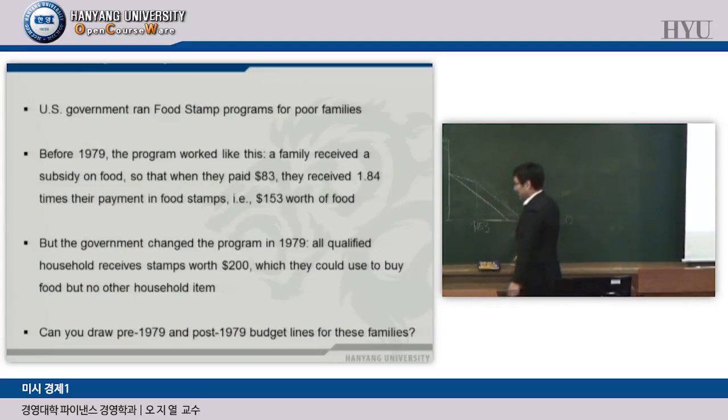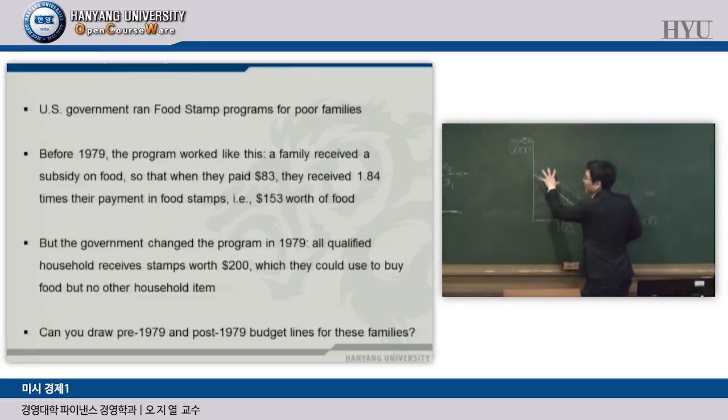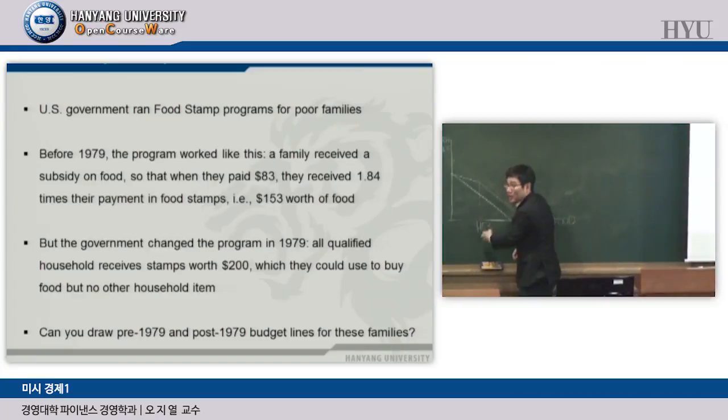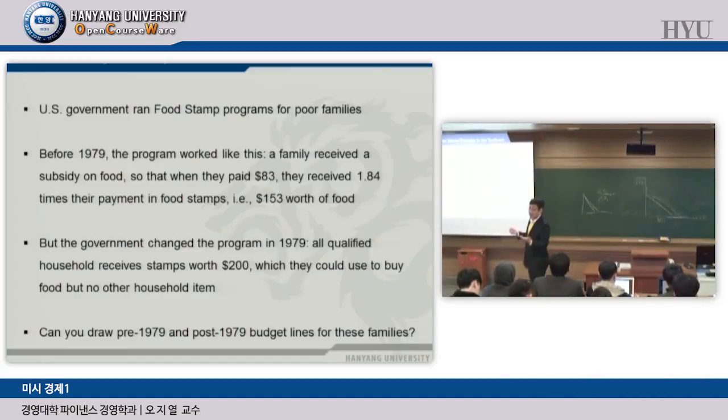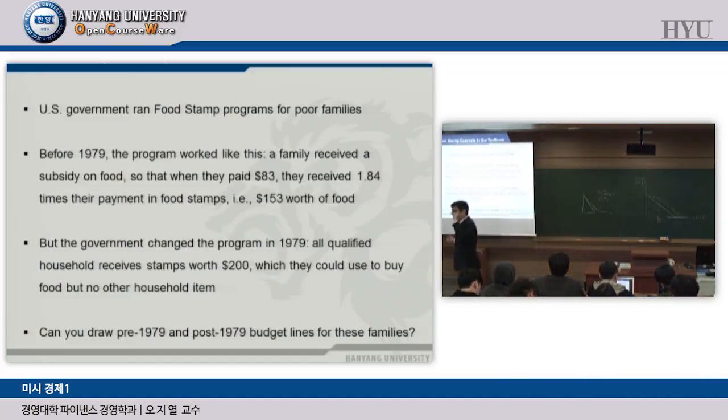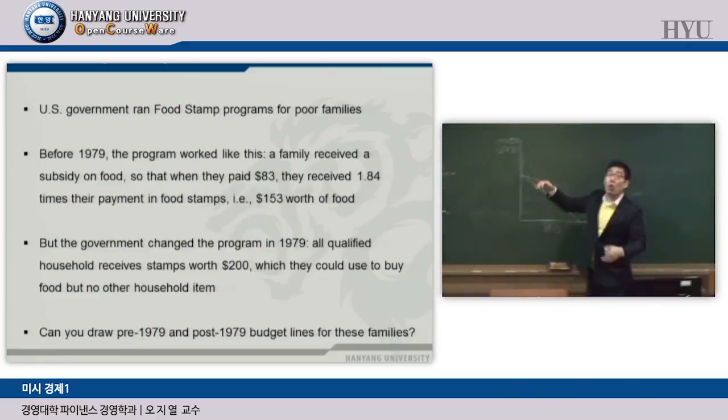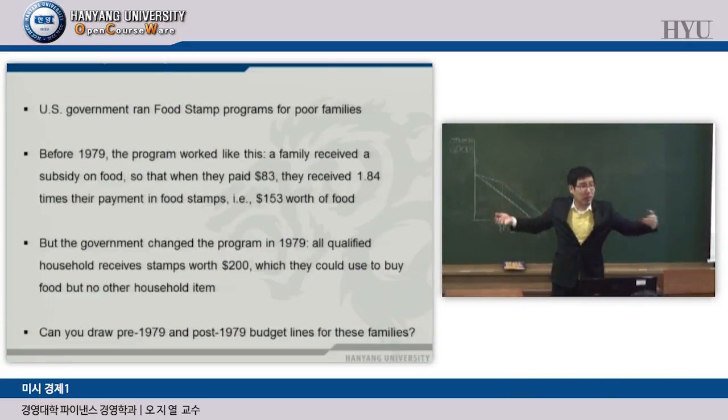What that means is you get a subsidy on the first $83 of food so that you end up with actually $153. So the rate of substitution between food and everything else is cheaper when that subsidy is kicking in. Yeah? For every dollar that you decide to buy on food stamp, you're getting a subsidy. You're getting more than what the market is willing to pay you. 1.84 times, right? Yeah?